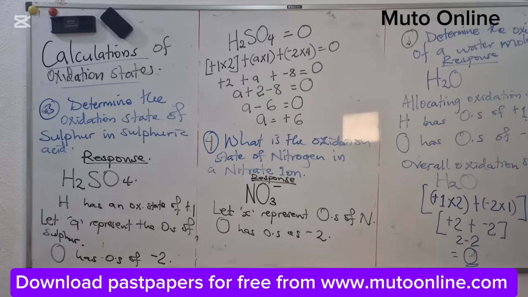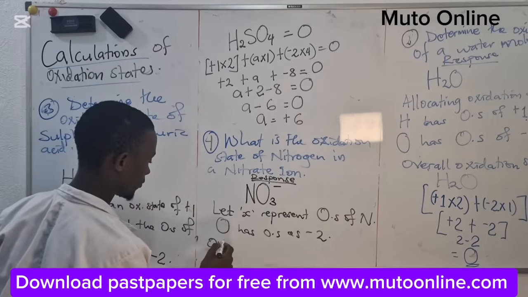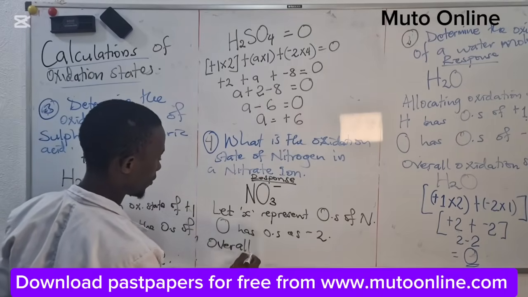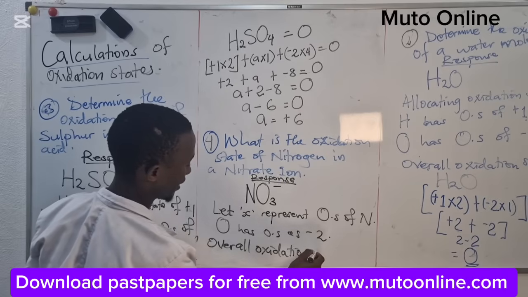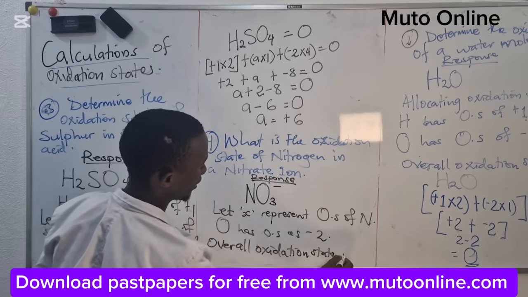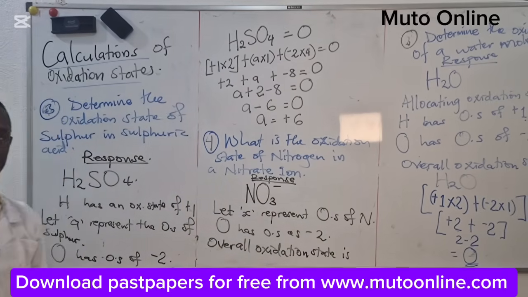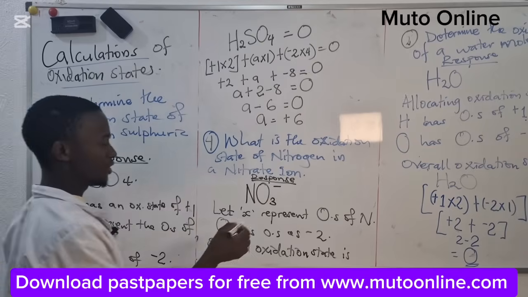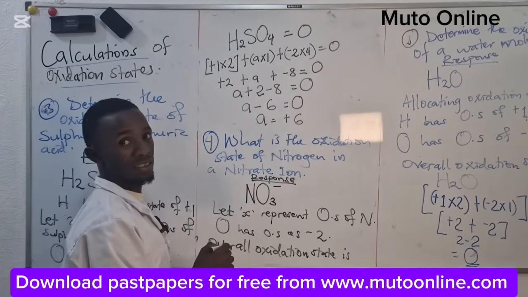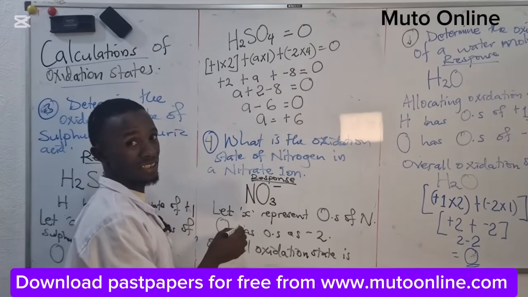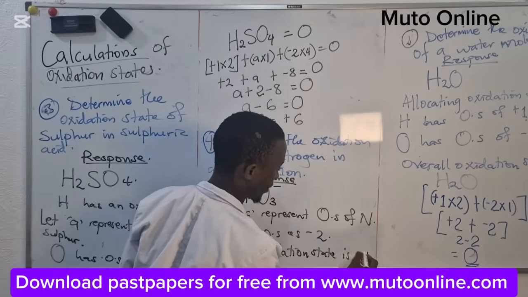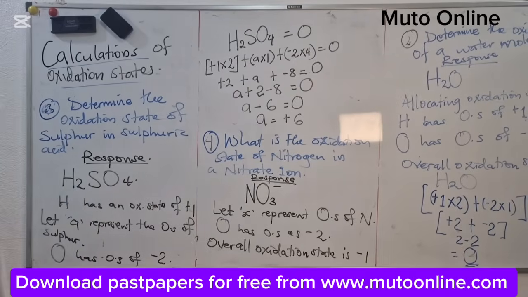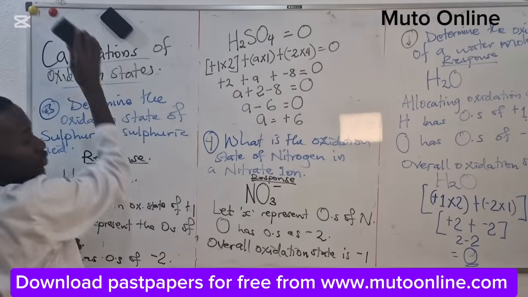Do we have an overall oxidation state in this one? Overall oxidation state is what? We said for ions, the overall oxidation state becomes its charge. This is an ion. So the overall oxidation state for a nitrate ion is a -1. I think now the calculation is simple. We can do it.